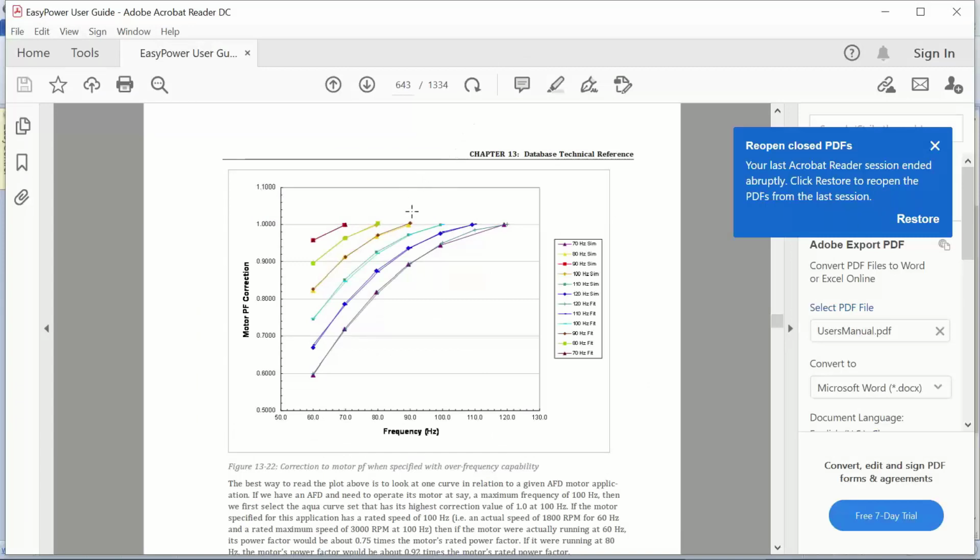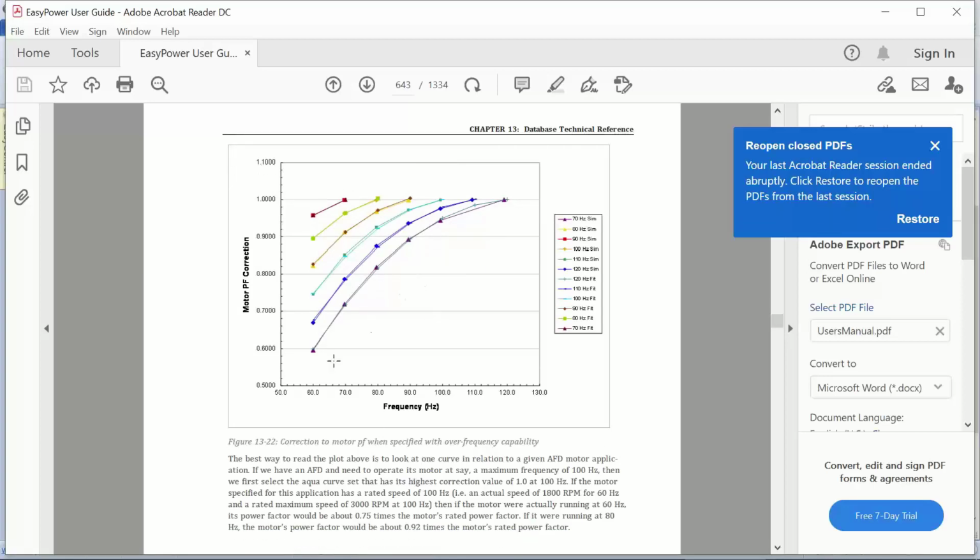Well, there's a whole chapter in the user's manual that talks about simulating a motor that's designed for a different frequency, and then estimating what the results will be and what the power factor correction will be at the new frequency.